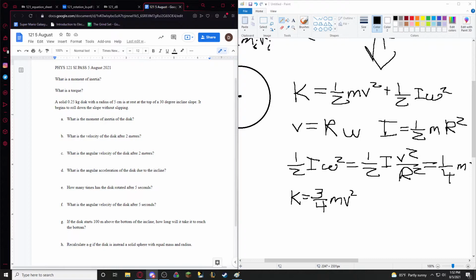So you mentioned it starts at rest. So what's its initial kinetic energy? 0. And what's its initial potential energy? Its initial potential would be the gravitational potential energy. Is there any other potential energy?